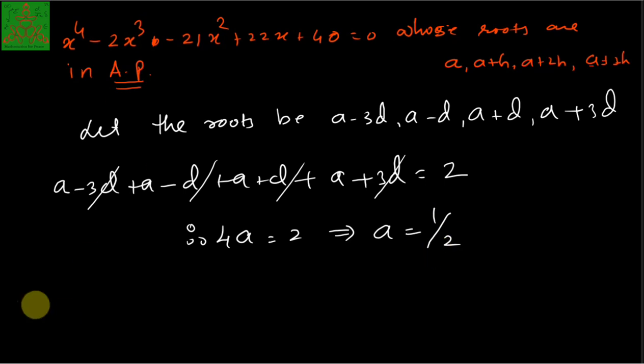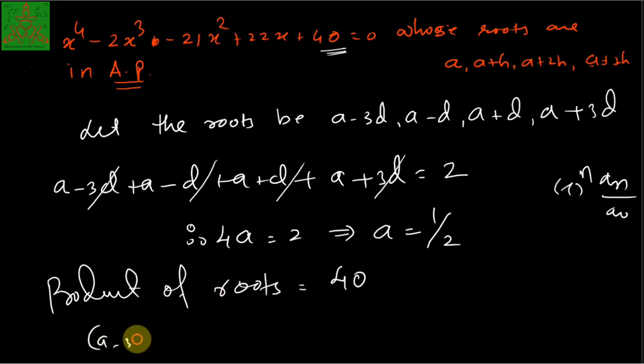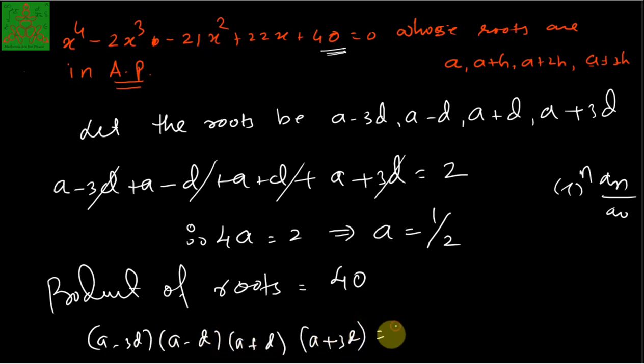And lastly, we know that the product of roots will be minus 1 raised to n, a_n upon a0. Here n is 4 and a_n, that is a4, is 40, so 40 upon 1 is 40. The product of roots, a minus 3d, a minus d, a plus d, a plus 3d, is equal to 40.